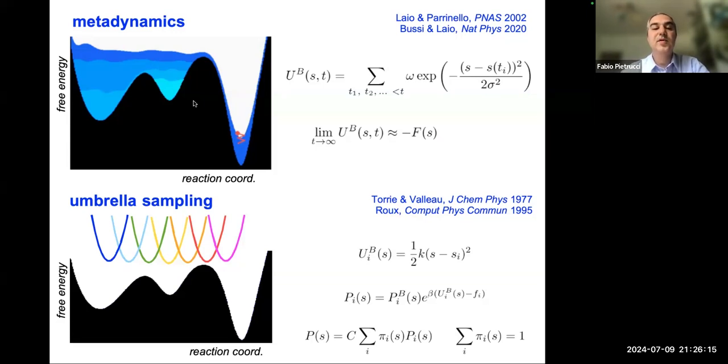And this is the idea. You deposit some bias, which is depicted in blue here. Initially, maybe you deposit here, then you jump out of the first minimum and so on. If you iteratively fill the landscape, fill the minimum with a bias, eventually you hope to flatten it. You flatten the barriers, you flatten the minima, everything becomes quite flat.